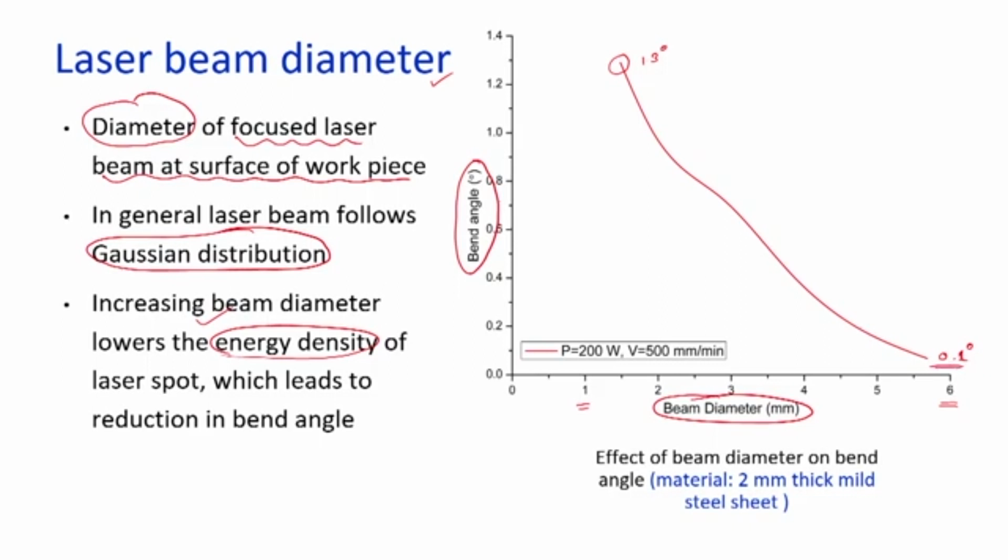So, here we have to carefully select the laser beam diameter to get the required bend angle. Of course, this has to be associated with the other two parameters, the laser power and the scan velocity.